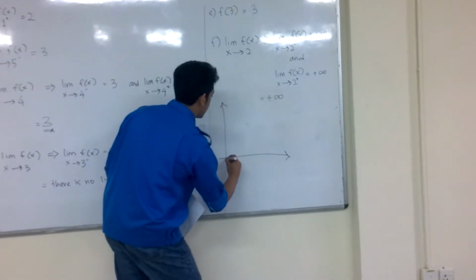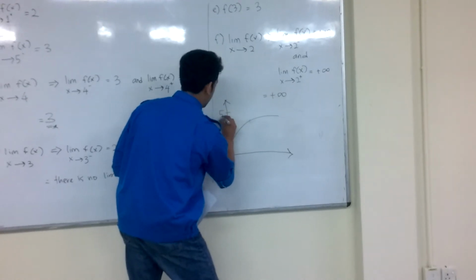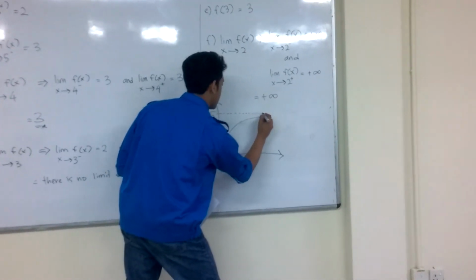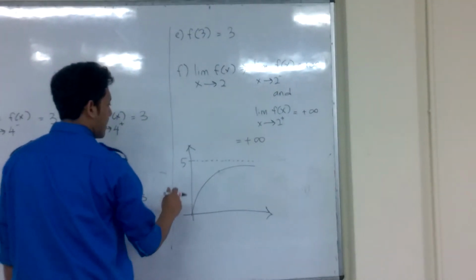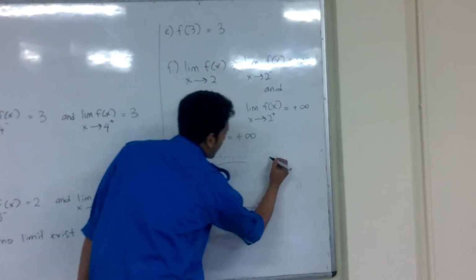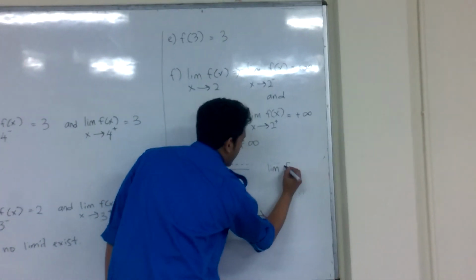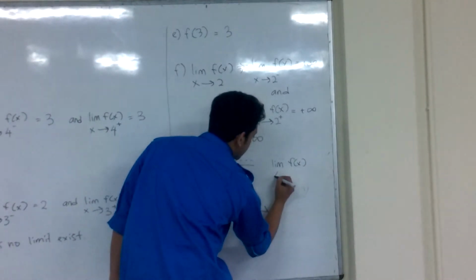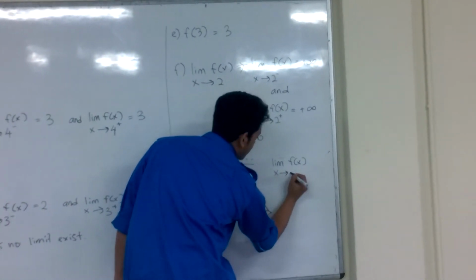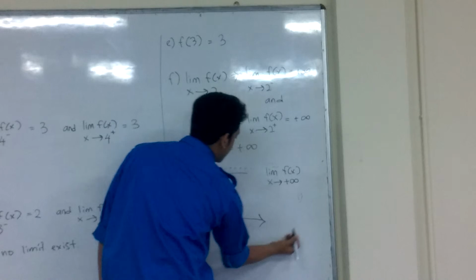But I want to explain, if the graph is, let's say for example, there is a case like this. This is when the question asks when x approaches positive infinity.